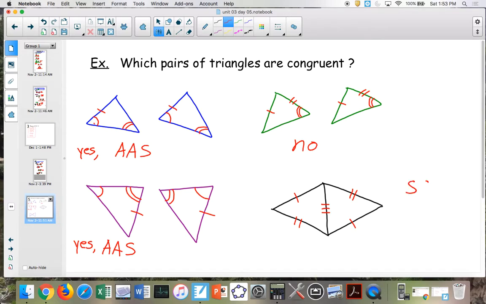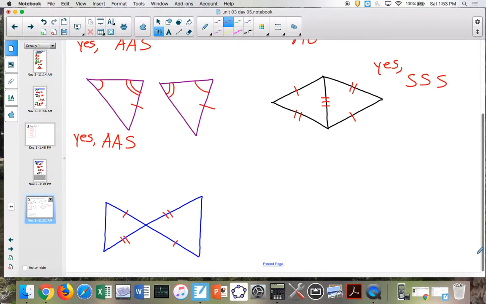We have a side, and another side, and another pair of sides. So yes, these two triangles have to be congruent by side, side, side. And finally, looking at this picture and remembering what I mentioned about vertical angles, we know those angles are congruent. So we have two sides and the angle between those sides. So yes, these triangles have to be congruent by side, angle, side.